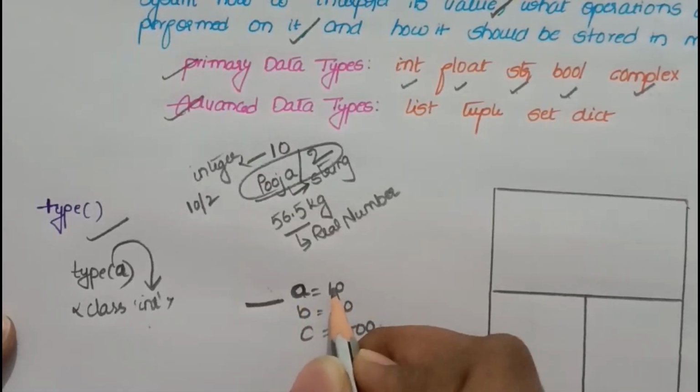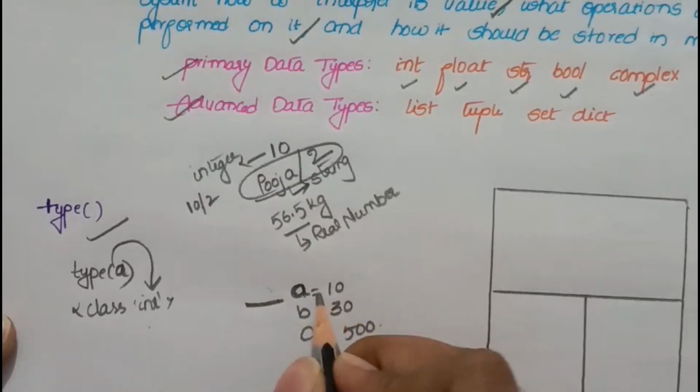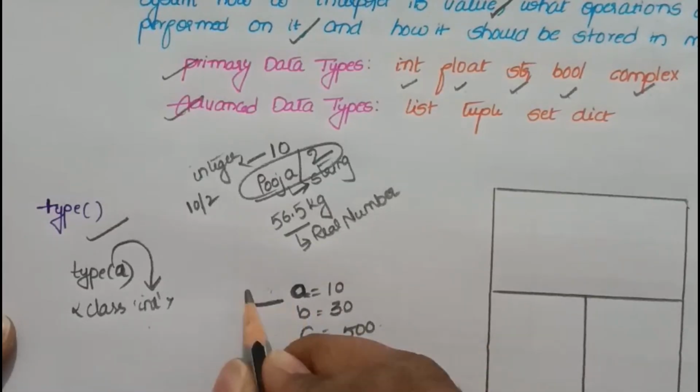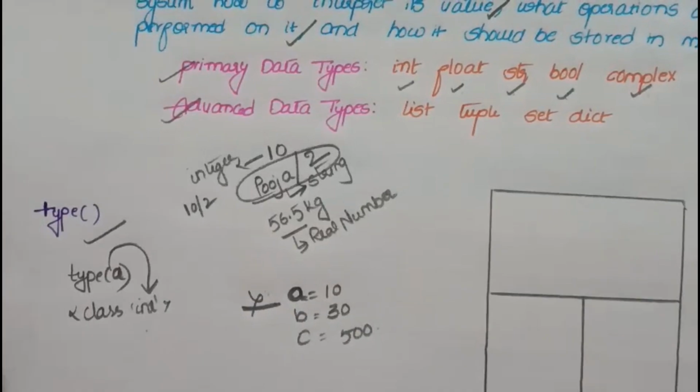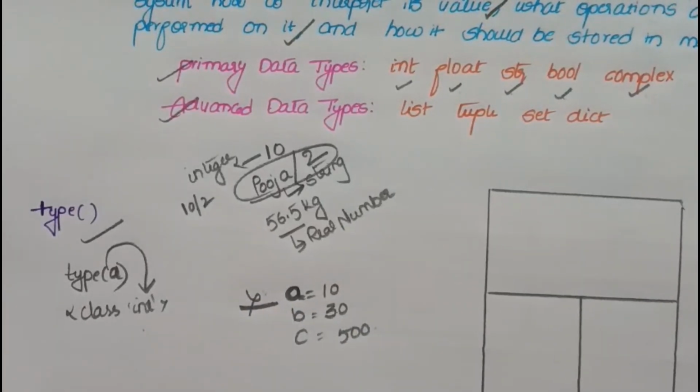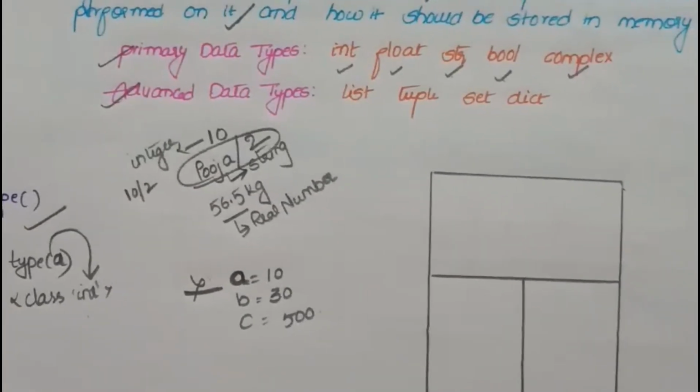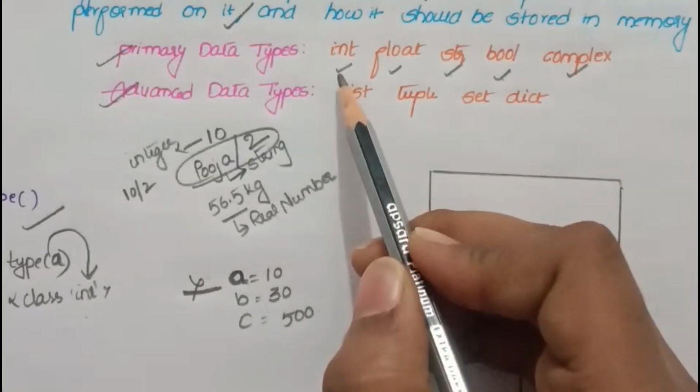But in Python, the interpreter by itself defines the data type of that variable. There is no need to declare the data type of a variable in advance by the user. This is the first data type, int.